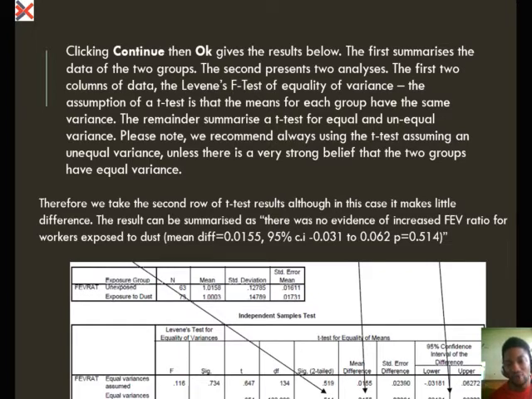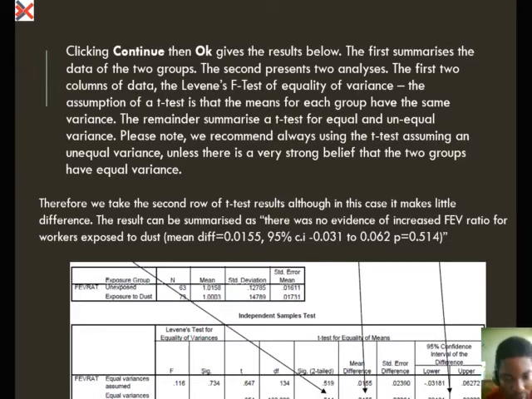Therefore, we take the second row of T-test, and that's what we have here. This second row, which is 0.514. We take the second row of T-test result, although in this case it makes little difference. The difference is so small. The result can be summarized as there was no evidence of increased FEV ratio for the workers exposed to dust, with a mean difference of 0.0155.